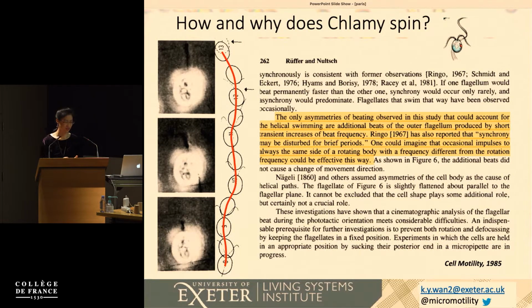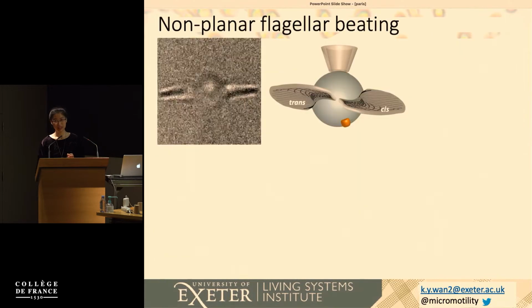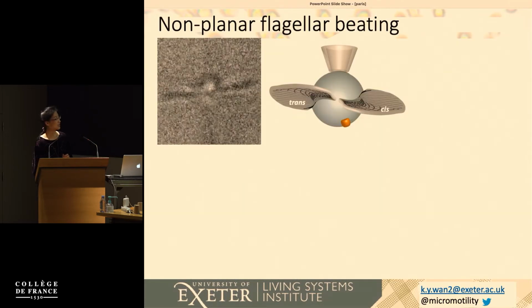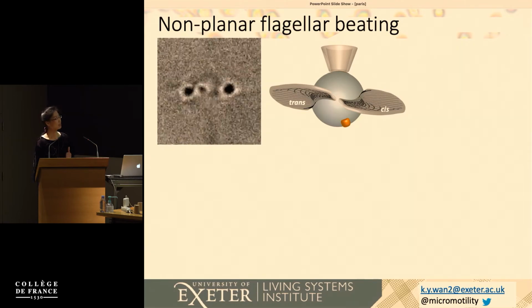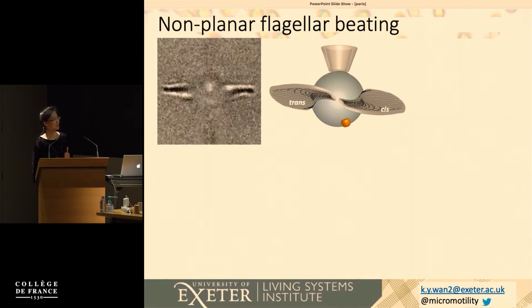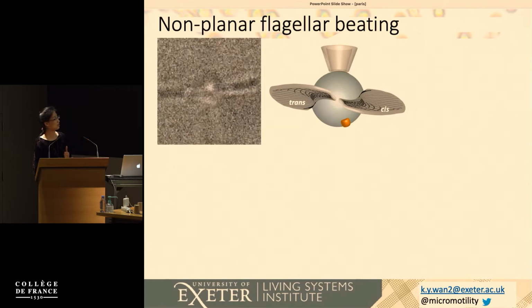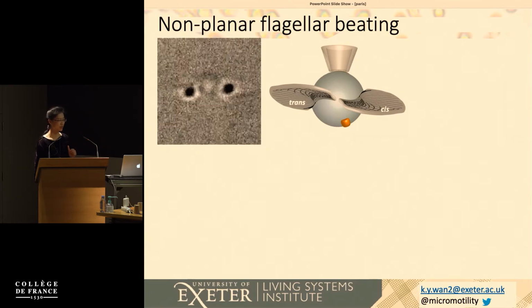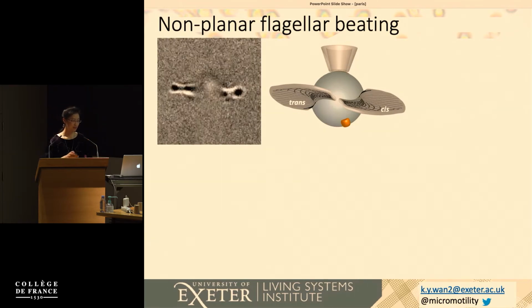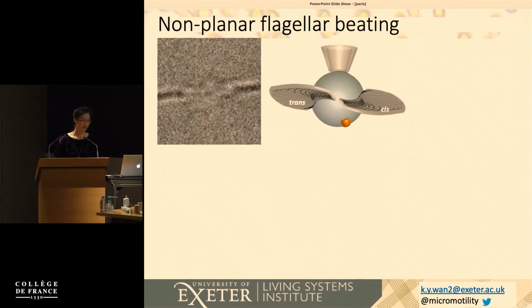So then we turned to the lab, first of all, to essentially grab individual cells on these micropipettes. And what we discovered was that the beat planes of these 2 flagella were actually tilted with respect to each other. And this tilt is exaggerated in this cartoon, but this is the raw, slightly image-processed video which shows this chirality in the average beat plane.